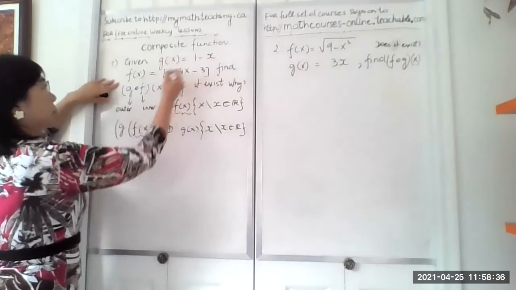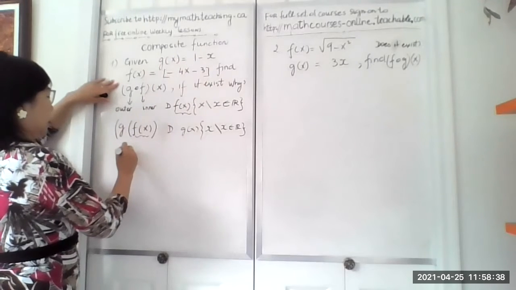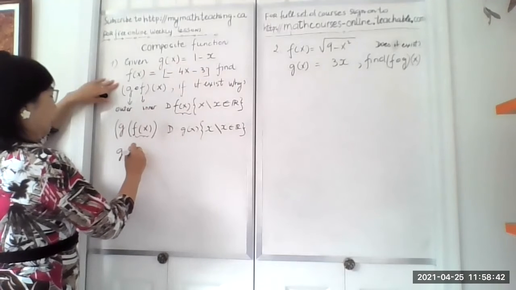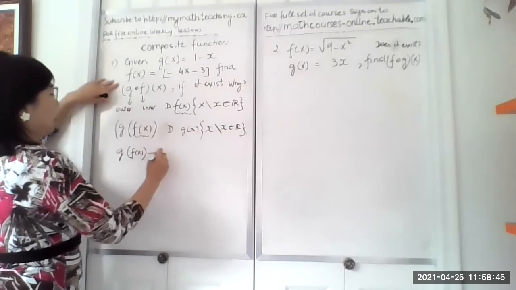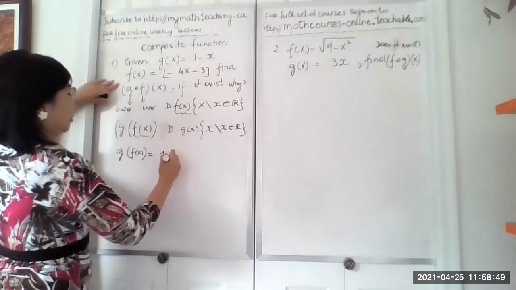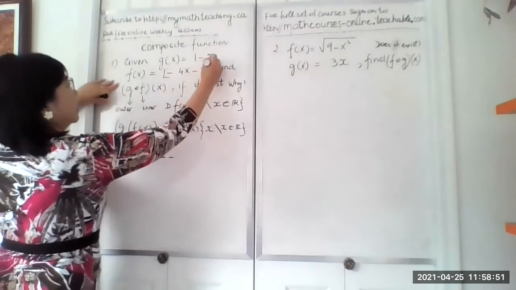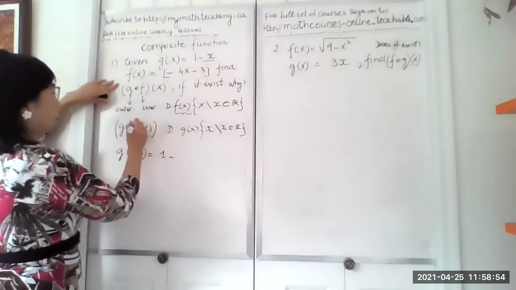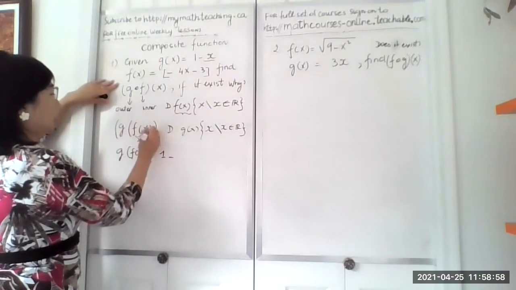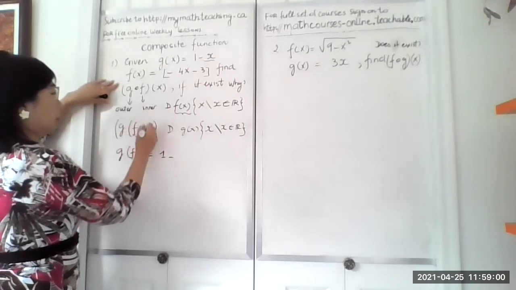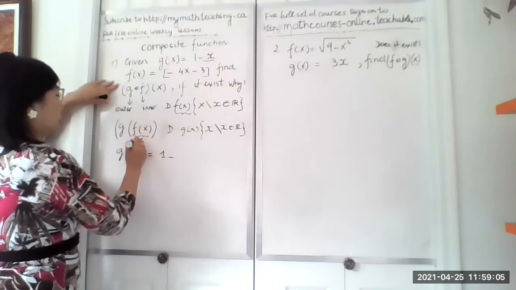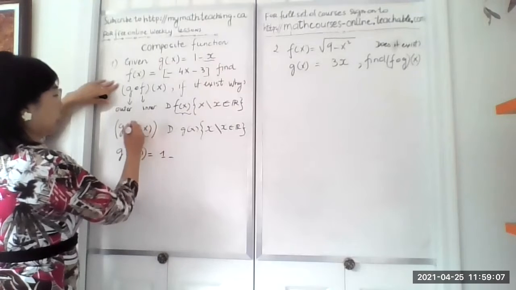So we follow the expression of the function g of x. g of f of x will equal 1 minus the x of g. Now remember, this x is the domain of g, and now it will become the whole function f of x. So the x of g now is f of x.